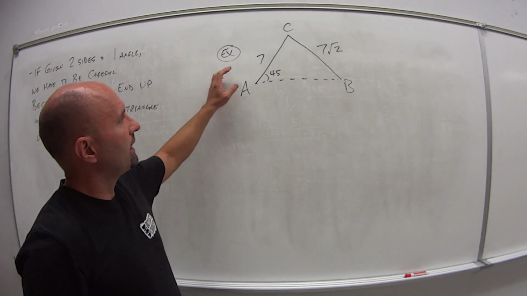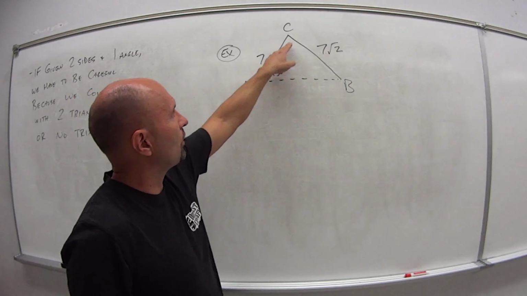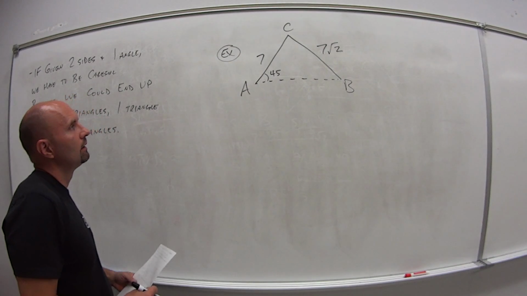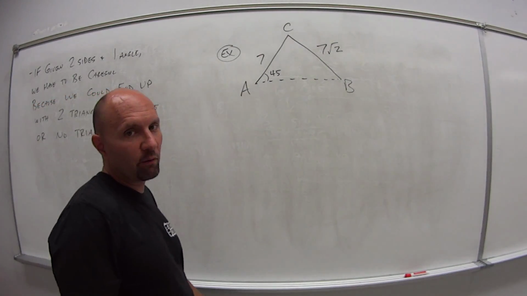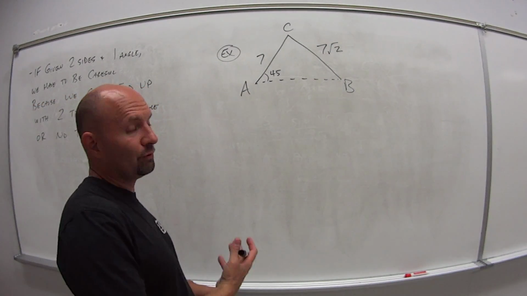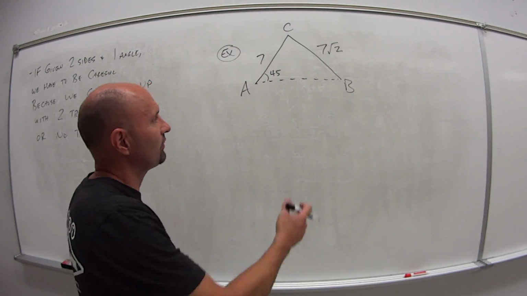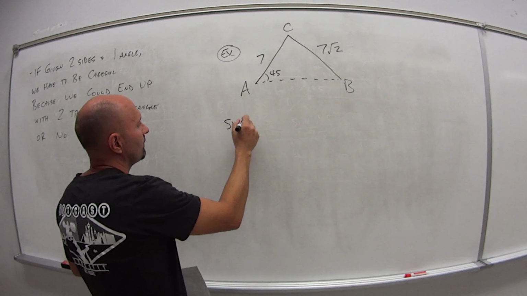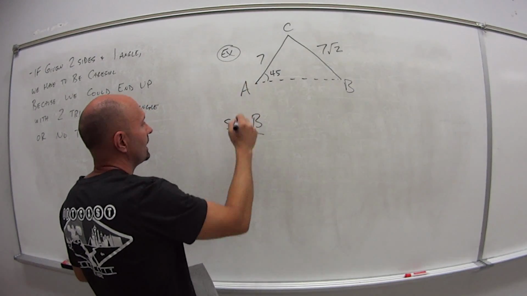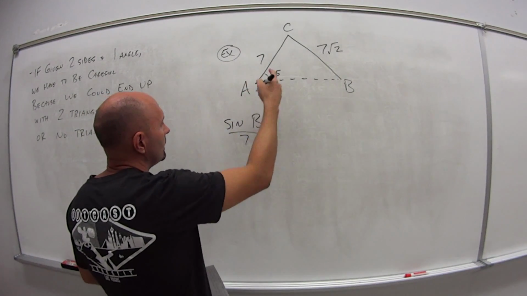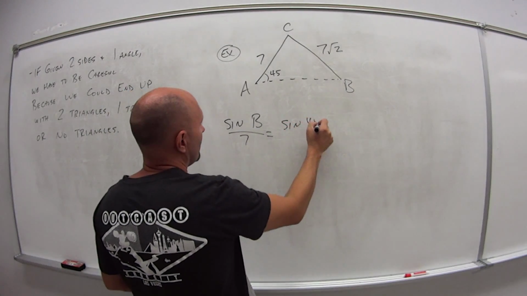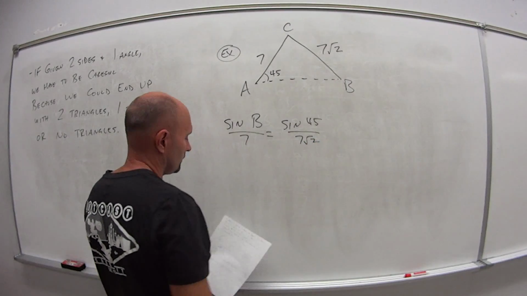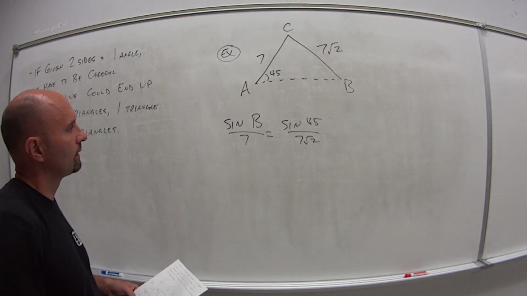So we want to find out the length of C, the angle of C, and the angle of B. Given this information, the only thing I can really do using law of sines is figure out angle B. So I have the sine of B over the length of B, 7, is the sine of A, 45, over the length of side A, 7 square root of 2.